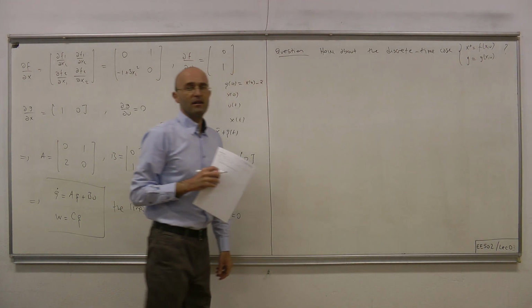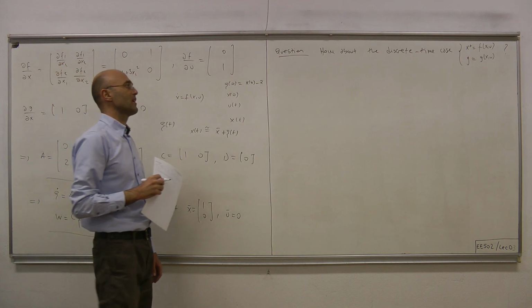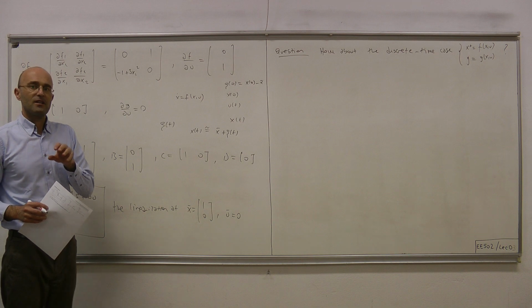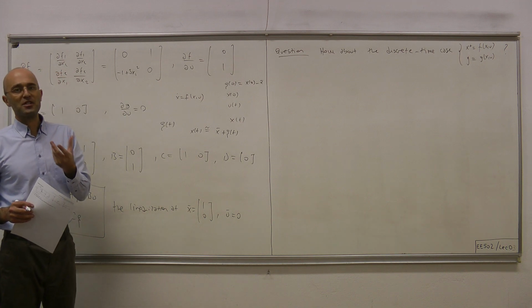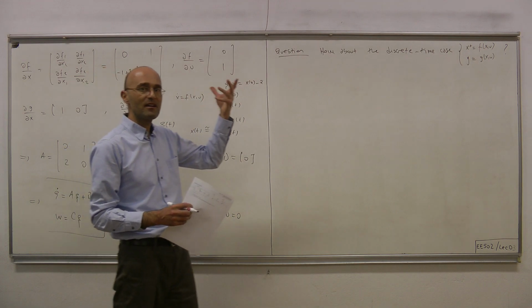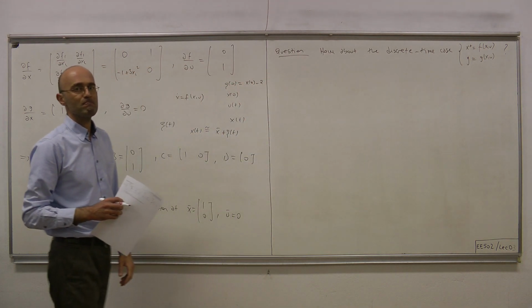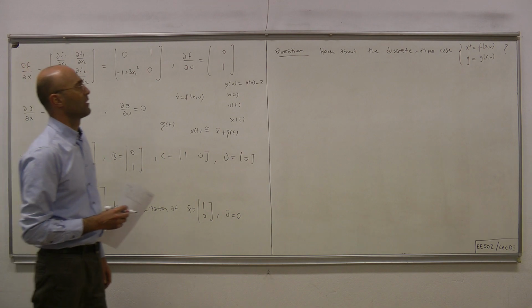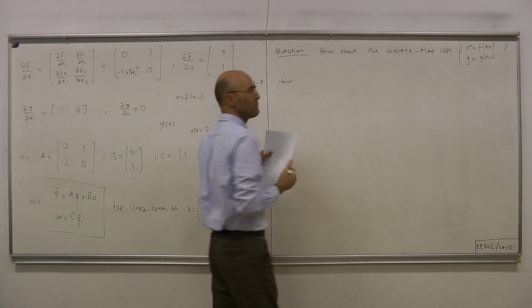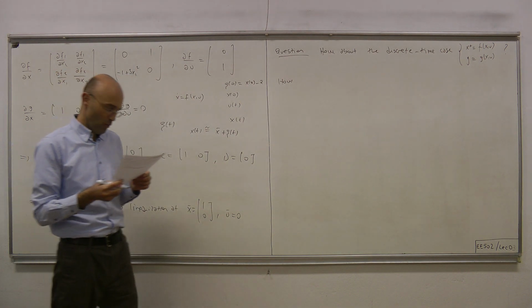So how do you apply linearization? For continuous time, when you apply linearization, the result is a linear system only if you linearize the system at an equilibrium point. Therefore we expect the same thing for the discrete time case, but of course now we have to be careful about what we mean by an equilibrium point.